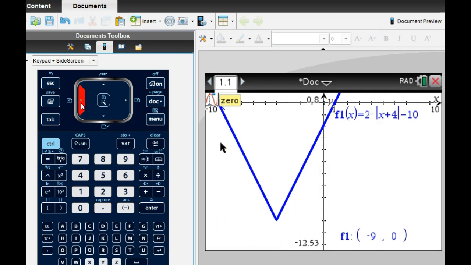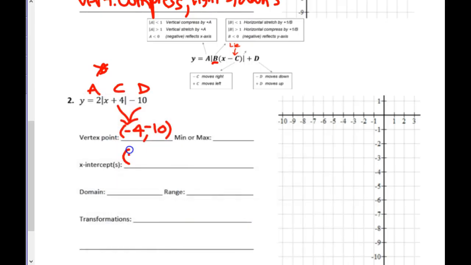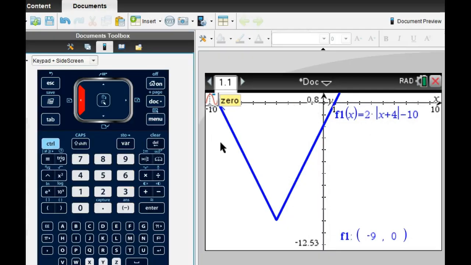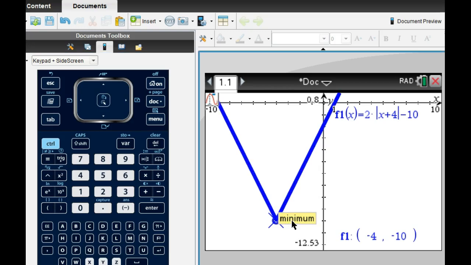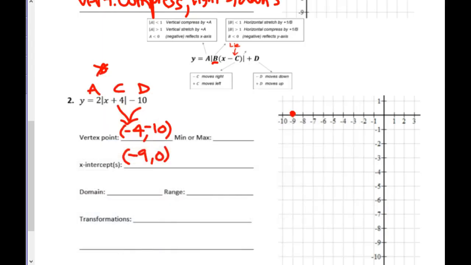Negative 9, comma 0. Let's write that down for this x-intercept. Negative 9, comma 0. And let's put a point there. Negative 9, comma 0. Then let's go down to that vertex. Is it a min or a max? It says right there. Negative 4, negative 10. So that's a min.